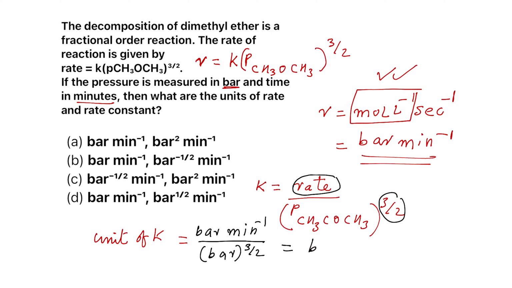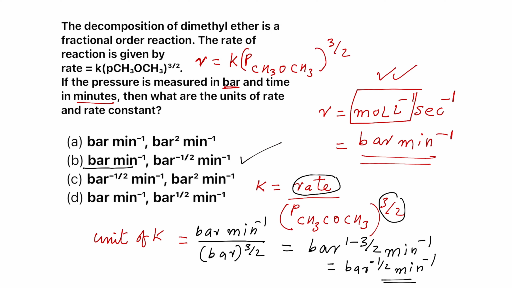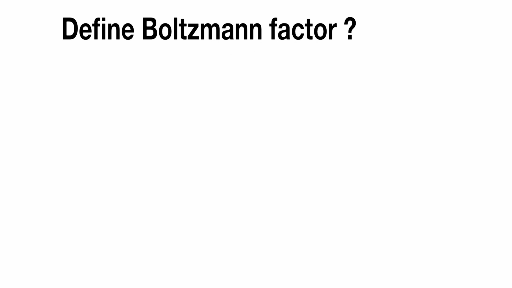So you will get bar raised to 1 minus 3/2, minute inverse. 1 minus 3/2 is minus 1/2, so bar to the minus 1/2 minute raised to minus 1. So option B: the unit of rate is bar minute inverse and the unit of rate constant is bar raised to minus half, minute raised to minus 1. Okay. Define Boltzmann factor.